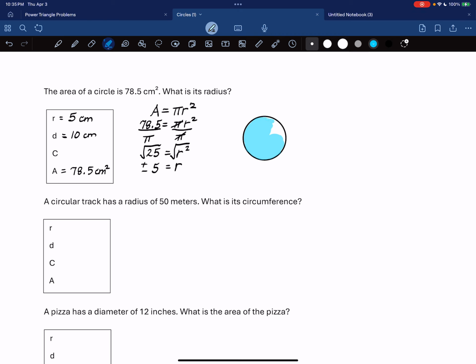This could easily be a logo on a t-shirt. It's centimeters, so it's something small, or maybe the logo on a box or something of that nature. And they asked us to find radius. So we want to know from that center point to the edge of the circle what that distance is. And we found it to be 5 centimeters.